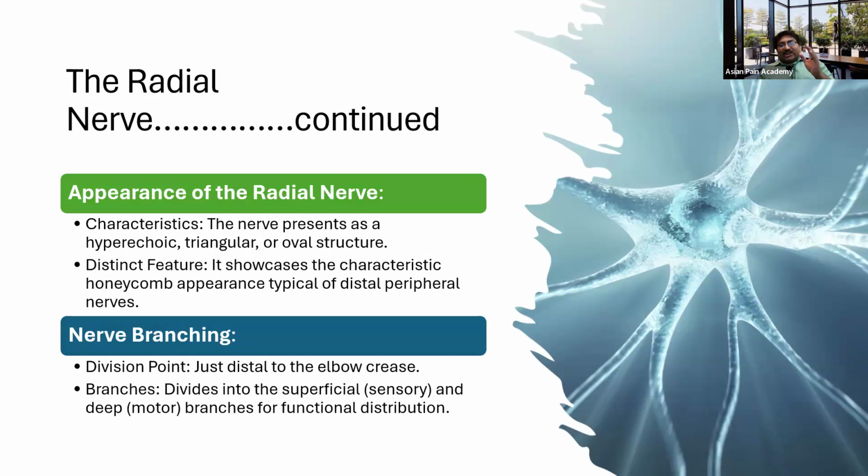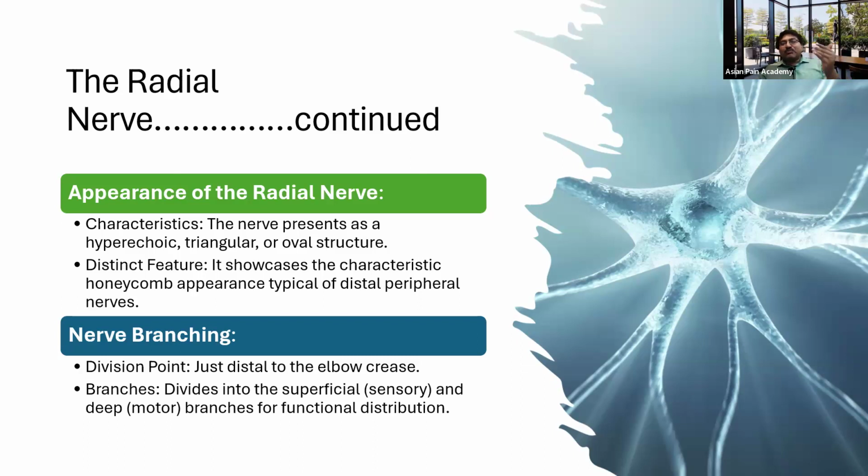Like all other nerves, remember, the look of the nerve is quite dependent on its periphery. That means which structure is around it. If there is bone close to it, then you will see the nerve as a hypoechoic structure. If it is within the muscle, you will see the nerve as a hyperechoic structure, because the machine always averages its appearance according to the tissues present around the nerve.